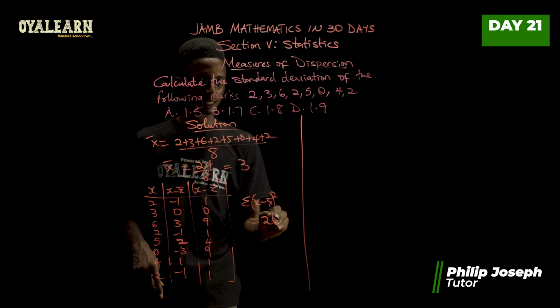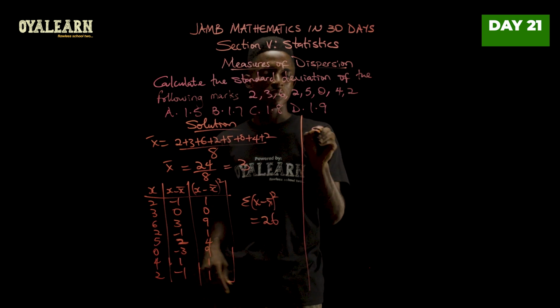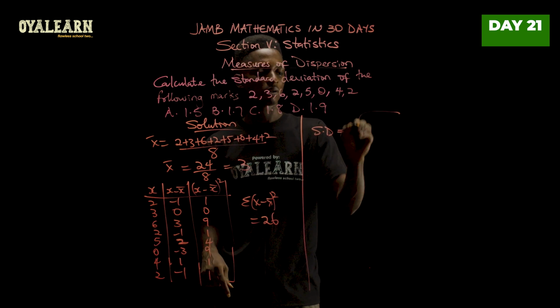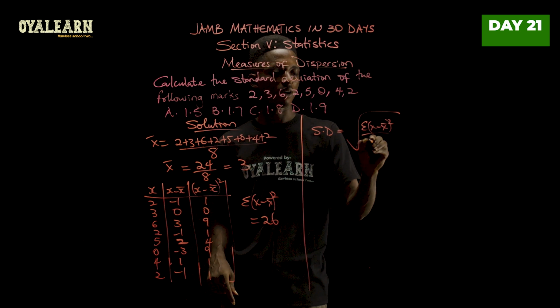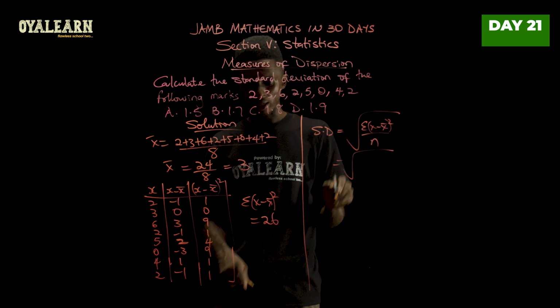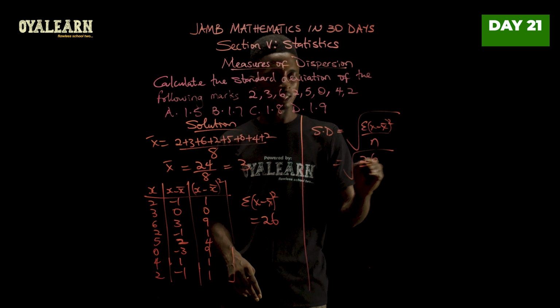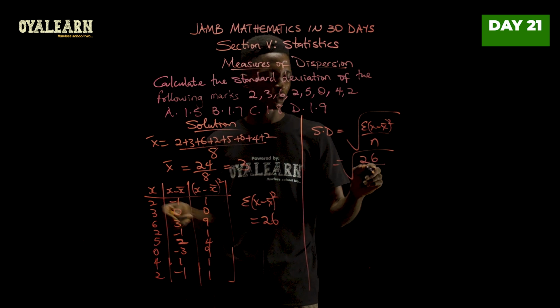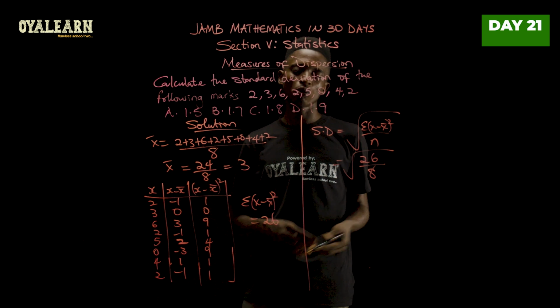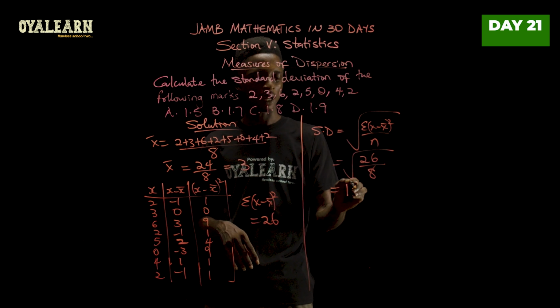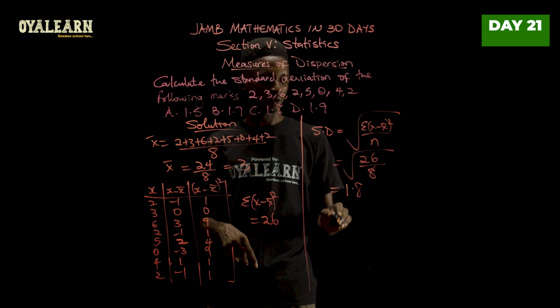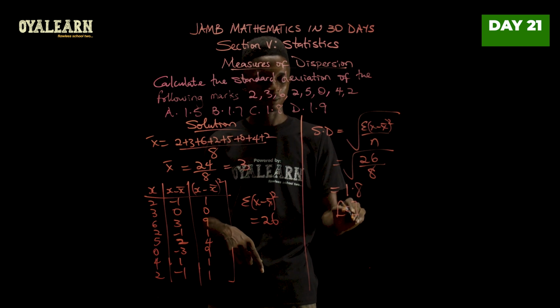So we have 26. So standard deviation then becomes the square root of summation x minus x bar in bracket squared over n. And what we have here is 26 divided by n, which is 8. Now, you can do this bit with your calculator and you find that the answer is 1.8. So we pick option C.